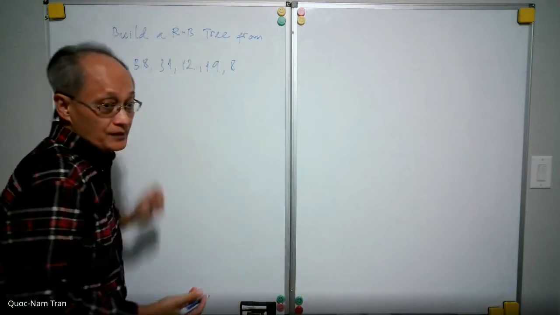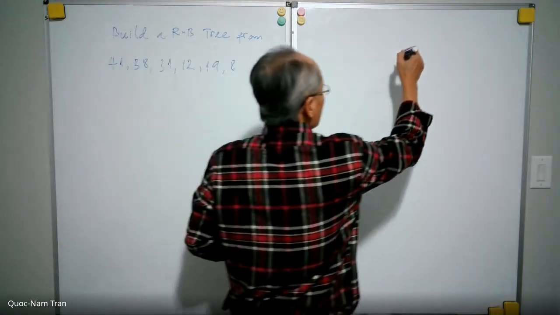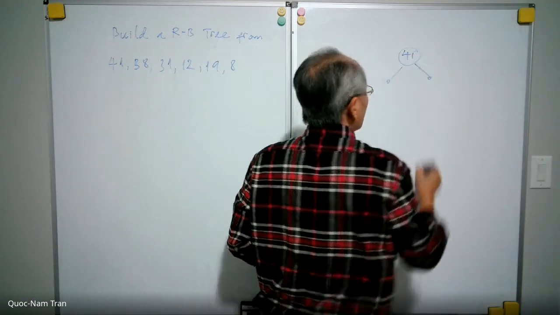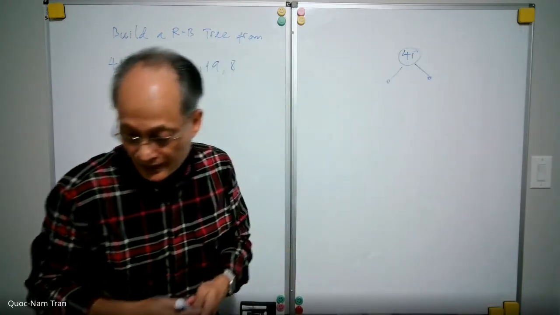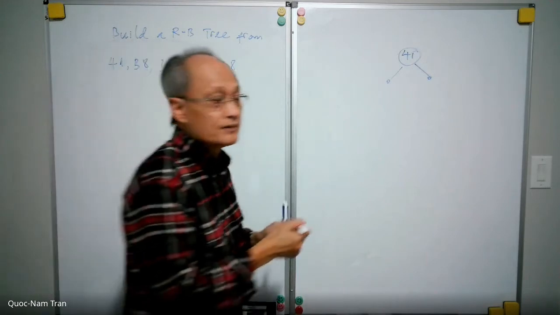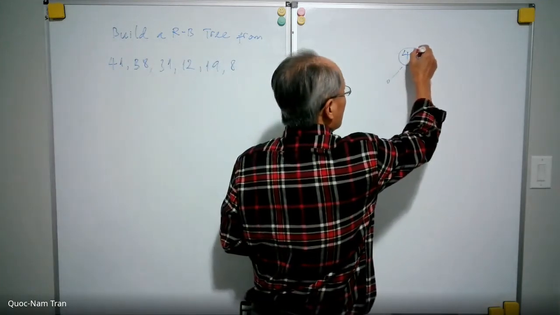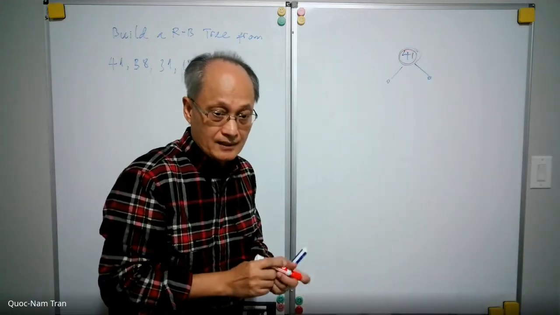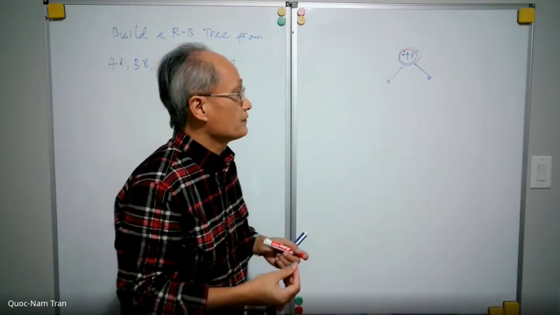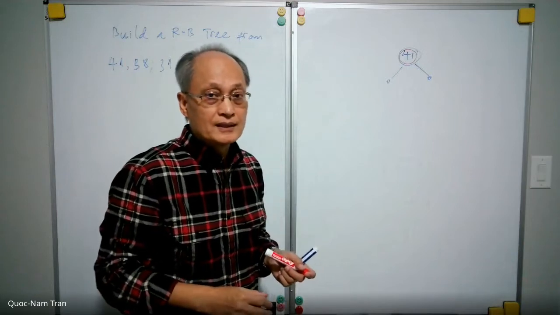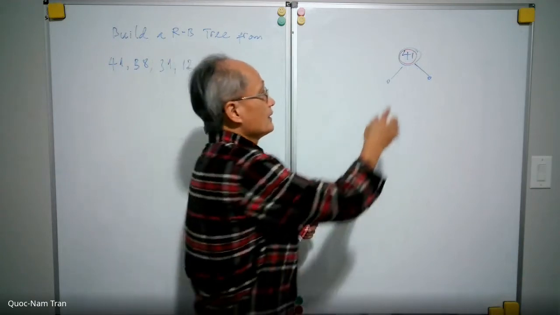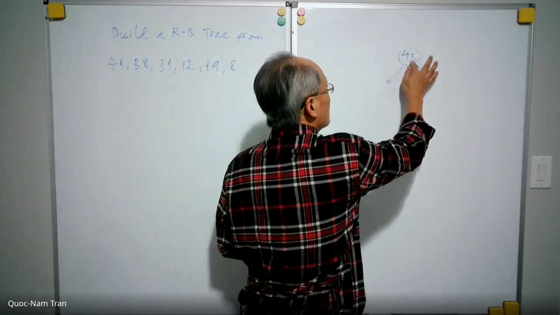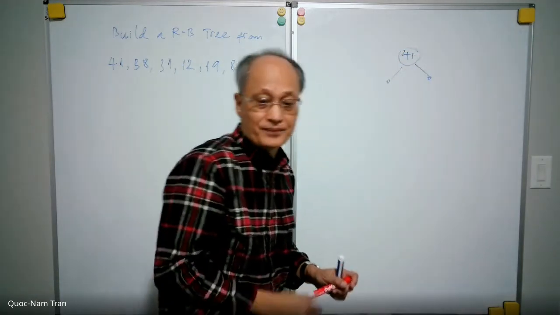Now we insert 41, and we have null pointers, right? Remember that when we have the first element to be inserted, we color it red. But as I mentioned before, for the root of the tree, it doesn't matter. So we change the color back to black, right?